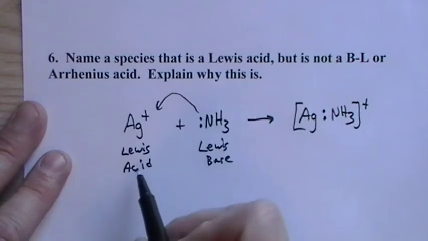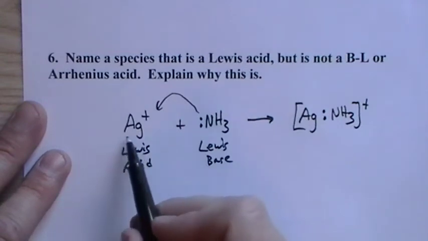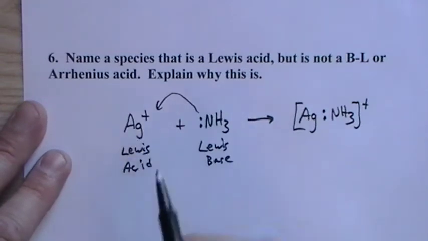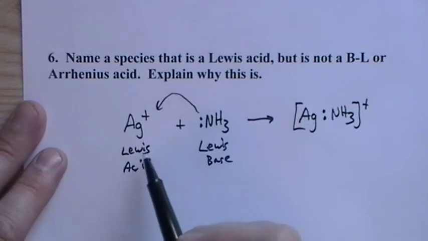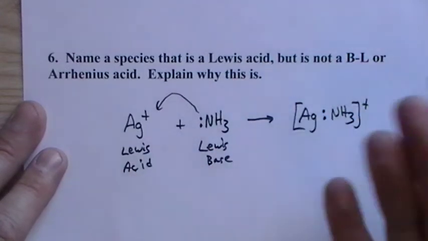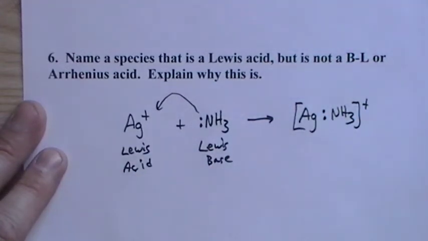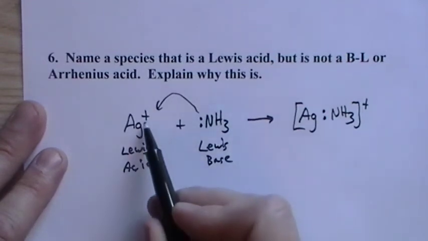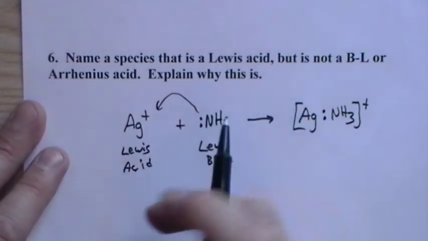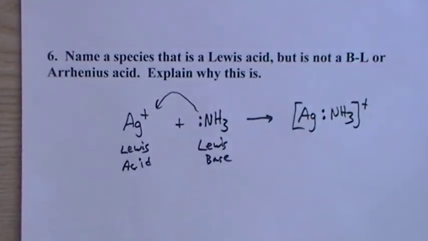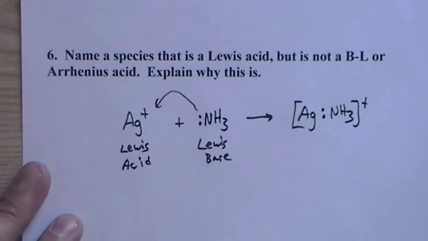Now, this is not an Arrhenius acid. There's no H plus present, or Bronsted-Lowry acid either. It doesn't have the H plus, what we consider normally something that an acid has to have. So this is just a bare silver ion that's completely different, and it's a very general definition of an acid.